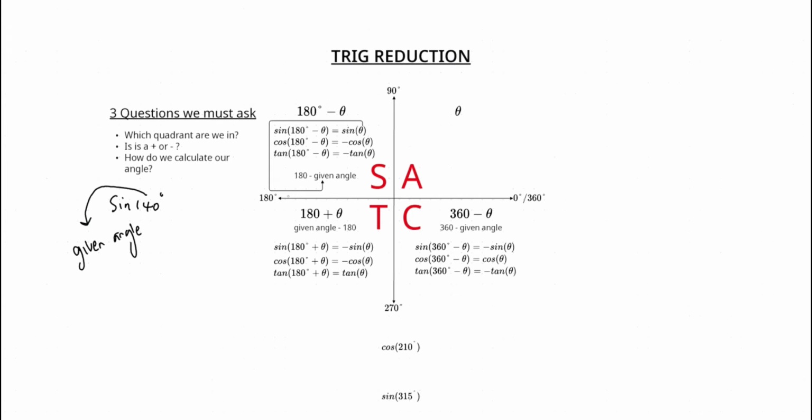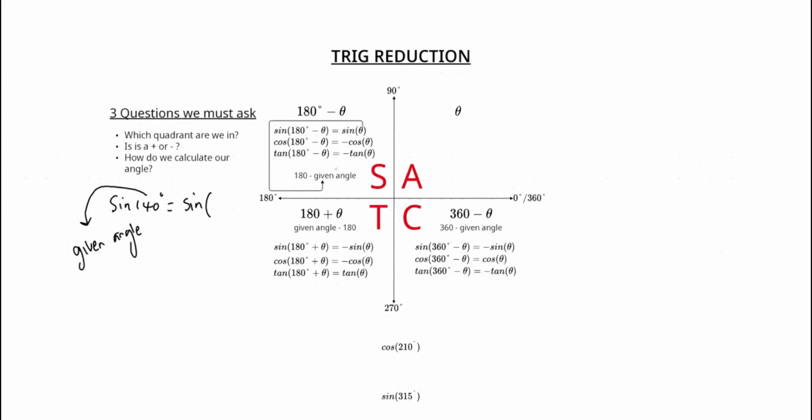The next question we ask ourselves, when we figure out which quadrant we're in, is: is it a plus or minus? Since this is sine and we are in the second quadrant, we see that sine is positive. So we can say equal to sine. Now, how do we work out what angle goes within the brackets in this formula?